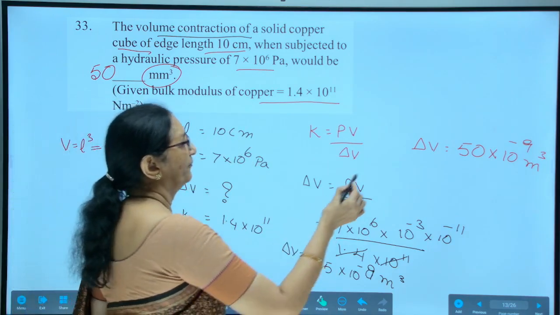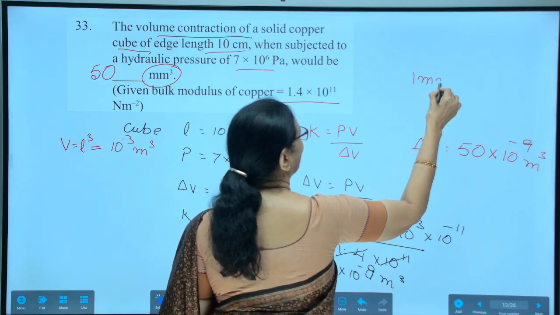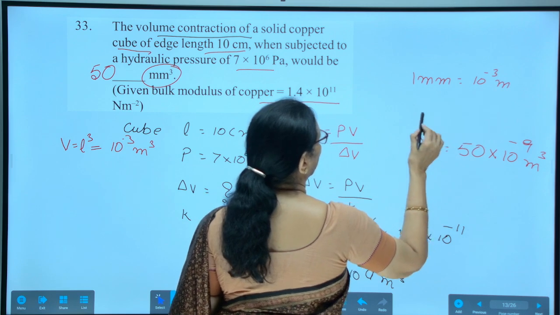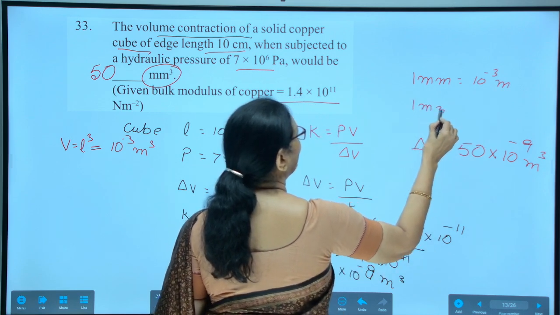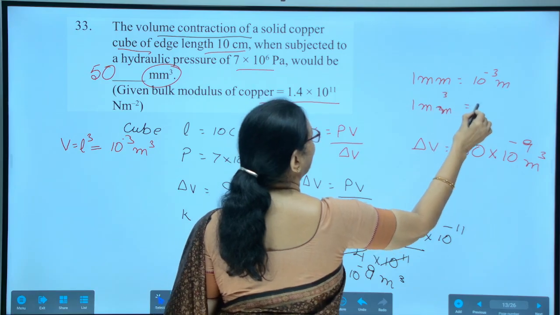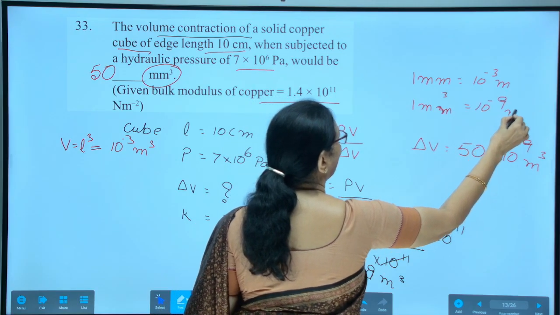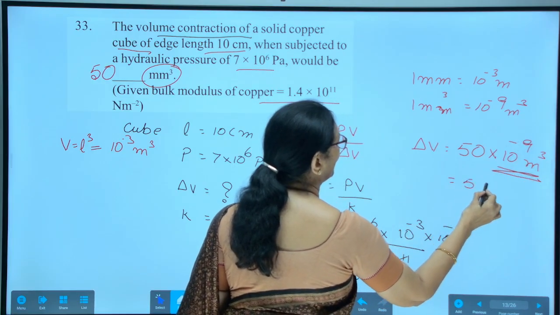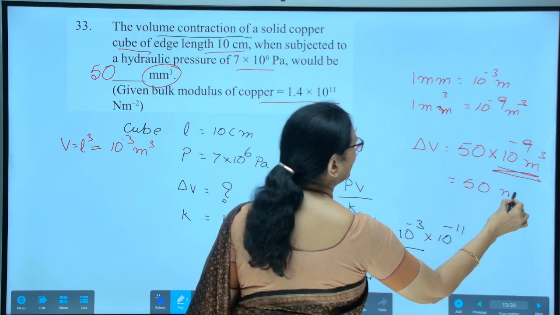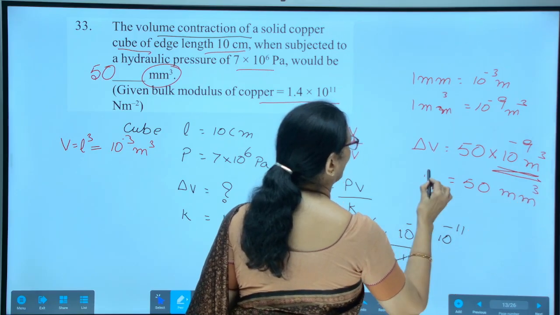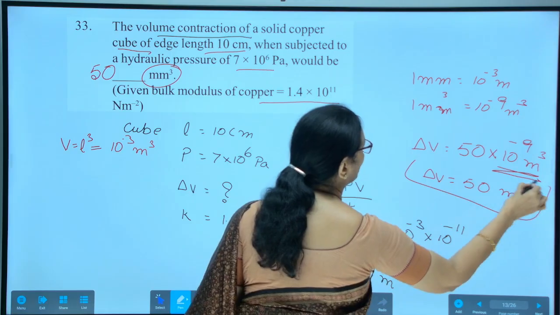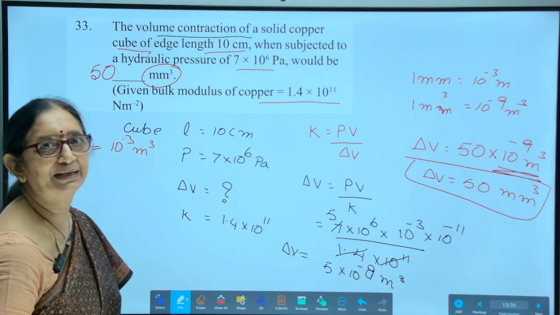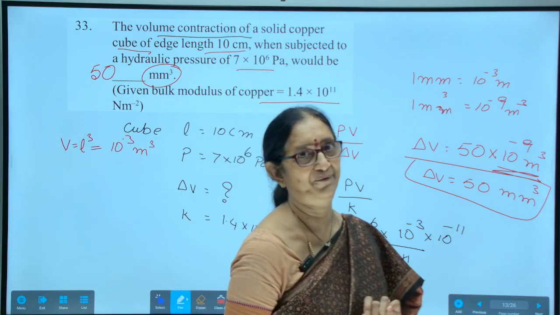So 1 millimeter is 10 to the power of minus 3 meters. 1 millimeter cube is 10 to the power of minus 9 meter cube. So 10 power minus 9 meter cube is nothing but millimeter cube. So compression produced is 50 millimeter cube. So the numerical value is 50 here.